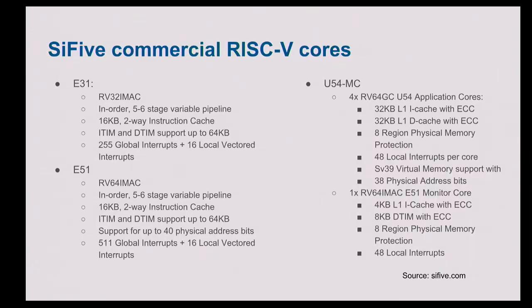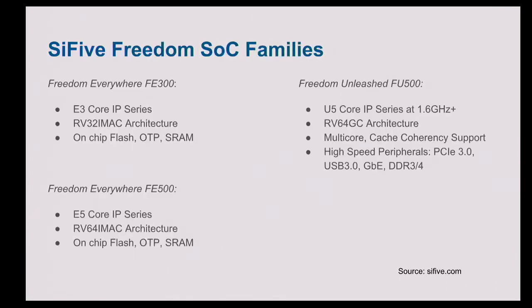So E-cores are all in order, have a small cache, but they are mostly meant to be microcontrollers, and U core is meant to be executing the operating system like Linux or something else. We'll see.